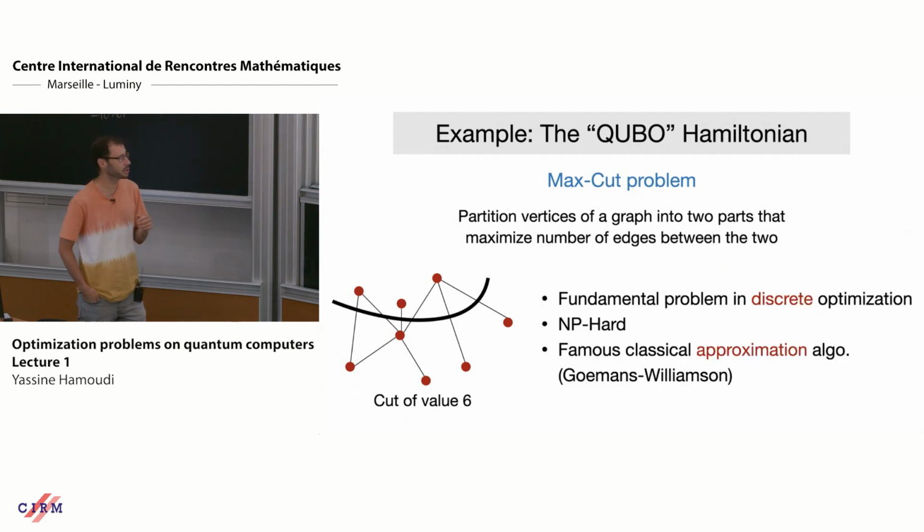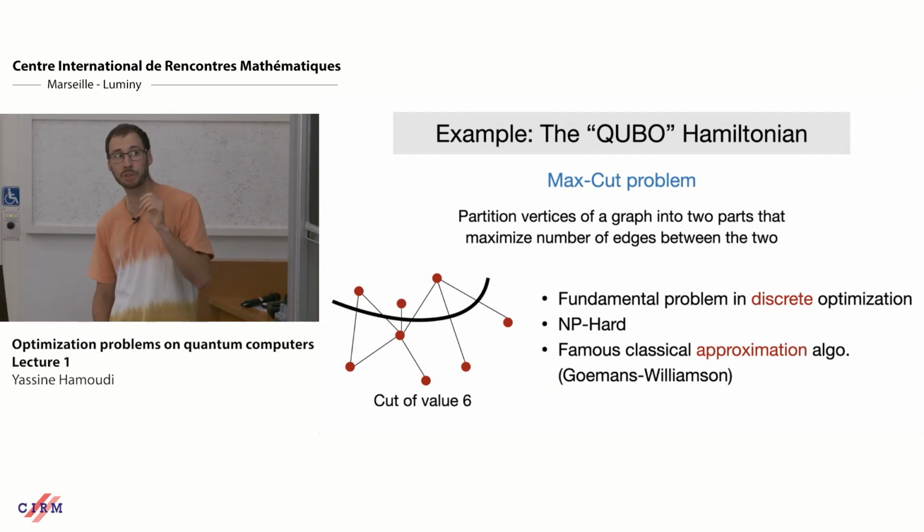So as I said, this is a fundamental problem in discrete optimization and combinatorial optimization, but at the same time, it's also an extremely hard problem to solve. It's actually NP hard, even if you want to approximate it with very small precision. So there is a very famous classical algorithm that can approximate the solution up to a certain point, which is called the Goemans-Williamson algorithm.